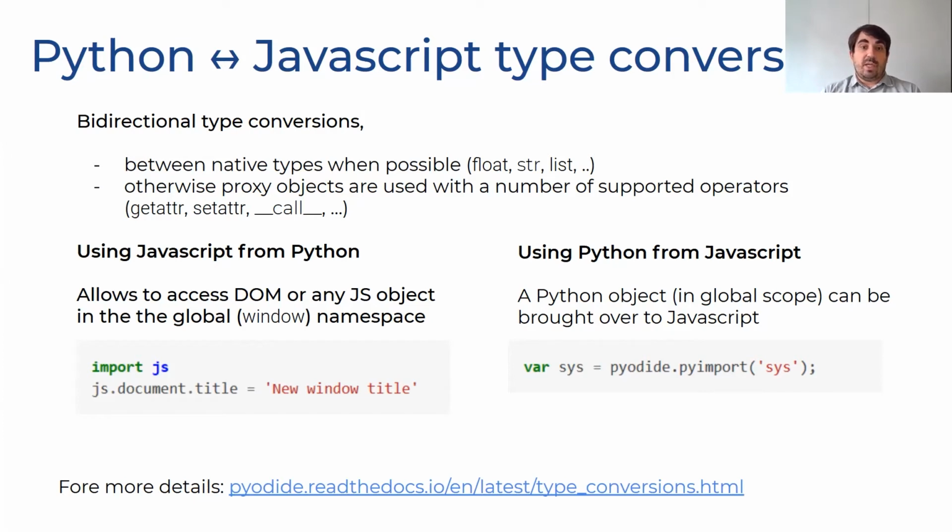So this means that this Python string is going to be converted to JavaScript, and then we use this proxy object to set the title. Similarly, when you use Python from JavaScript, there is this pyodide.pyimport functionality where you can import objects from the global scope. So, for instance, in this case, we have imported the sys module in JavaScript, and now in JavaScript you can call some attributes of this object.